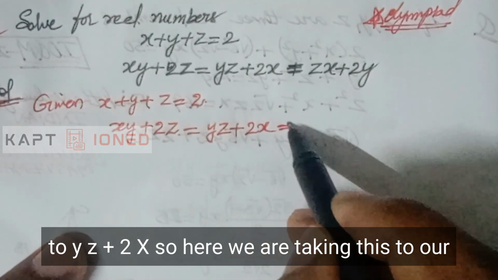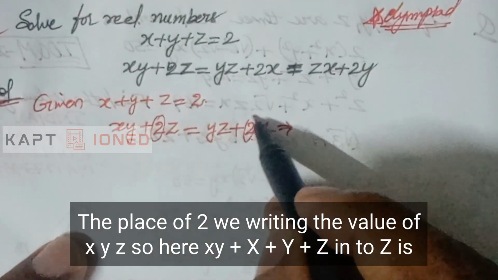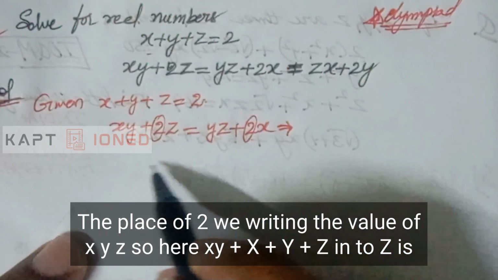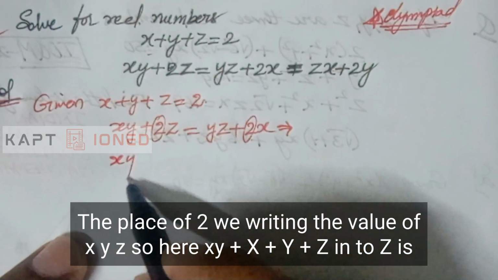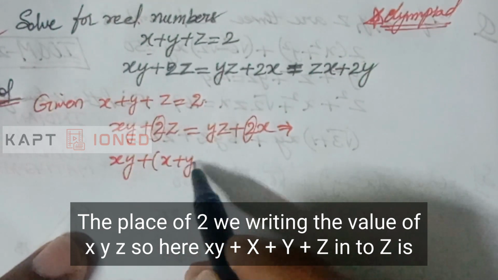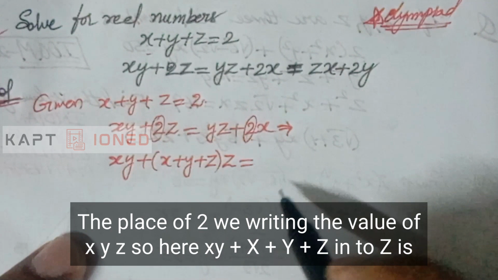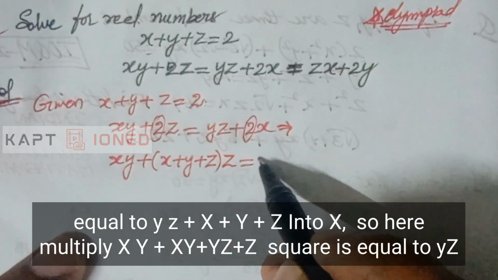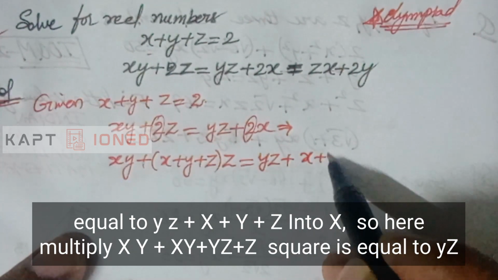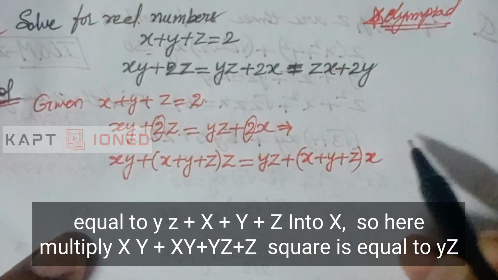So here we are taking this 2 and in the place of 2 we are writing the value of x plus y plus z. So xy plus (x plus y plus z) into z is equal to yz plus (x plus y plus z) into x.